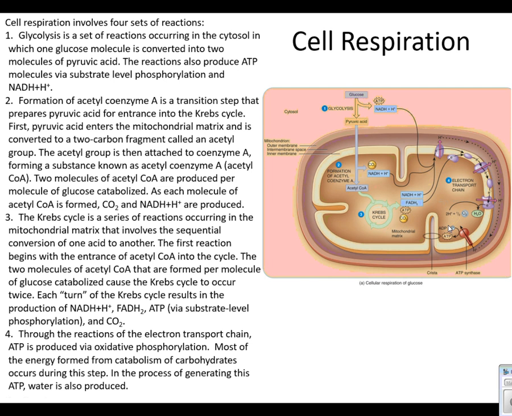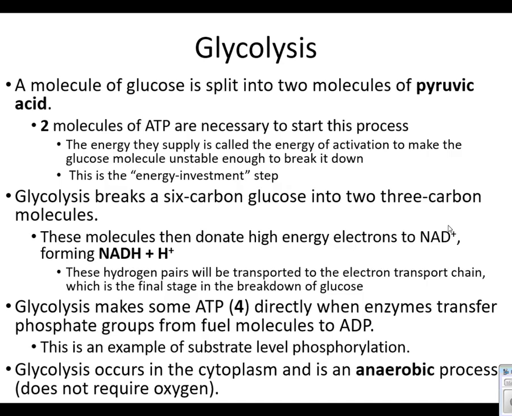So what we're going to do now is go through those processes step by step and learn more about them. We are obviously not going to get to them all today since we've only got about 5 minutes. But our first step is glycolysis, where we take a molecule of glucose.